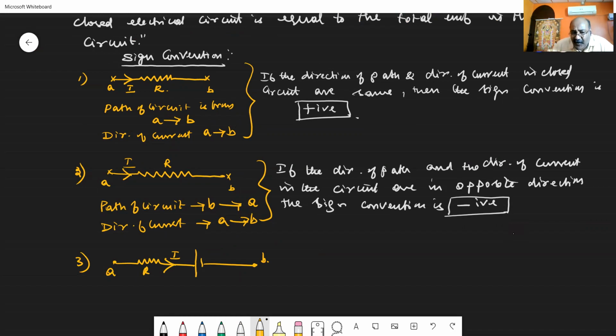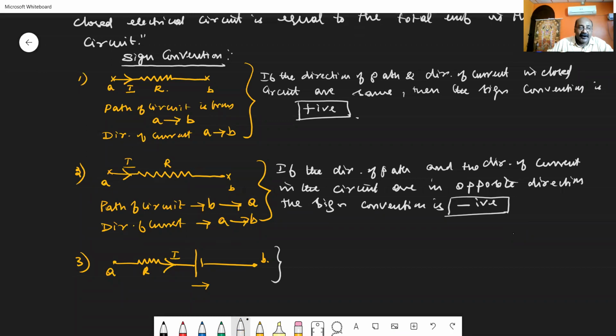So in the cell, it is flowing from what? In the cell, it is flowing from positive to negative. If the current in the electrical circuit through a battery is flowing from positive to negative, it means the sign convention is negative. So what is the rule that I can write here?